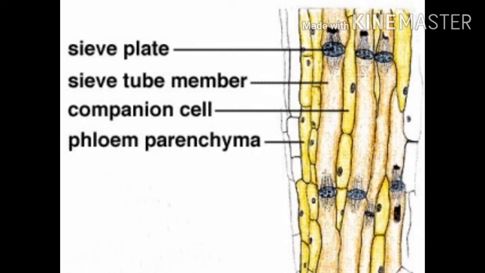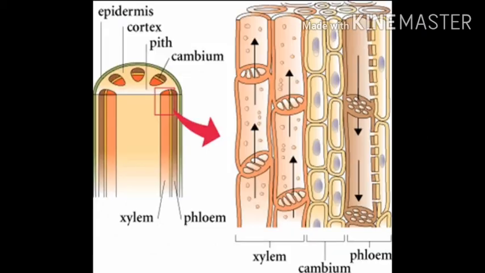Whereas phloem tissue contains sieve tubes, companion cells, phloem parenchyma and phloem fibers.